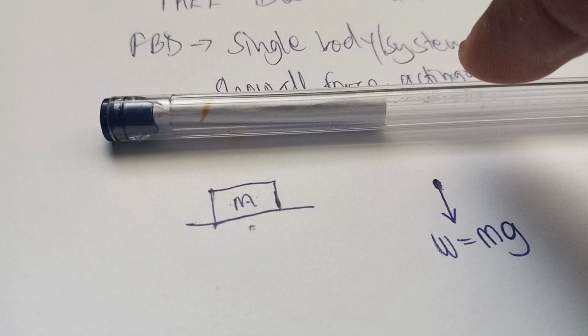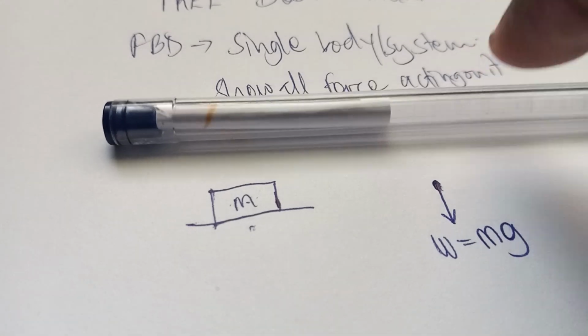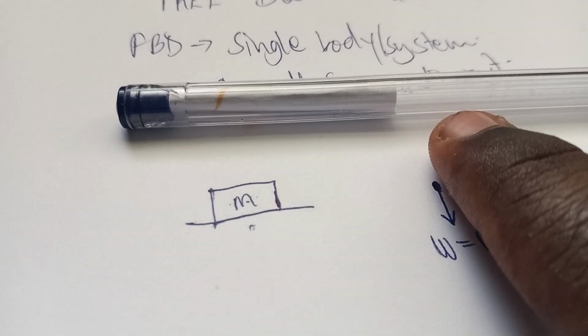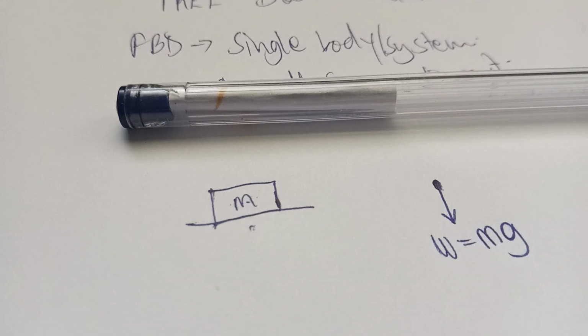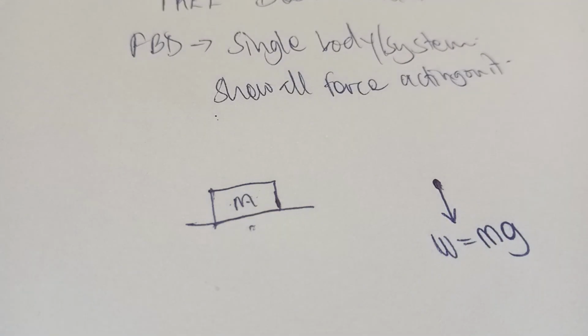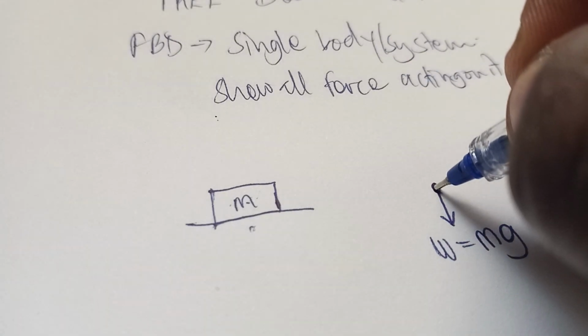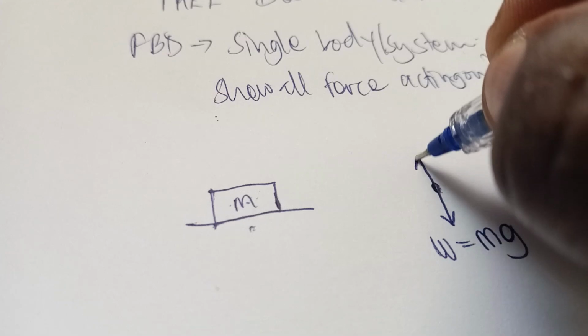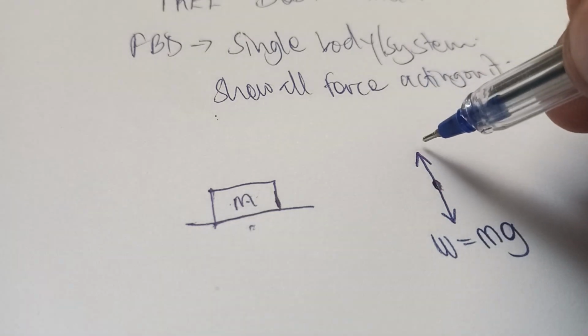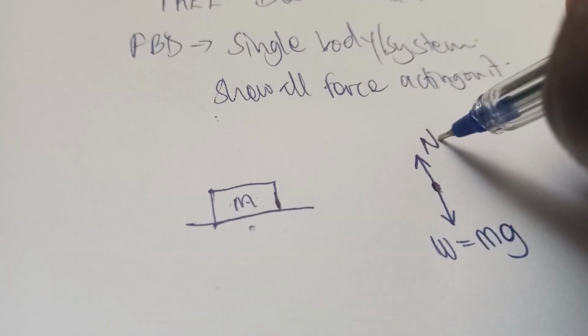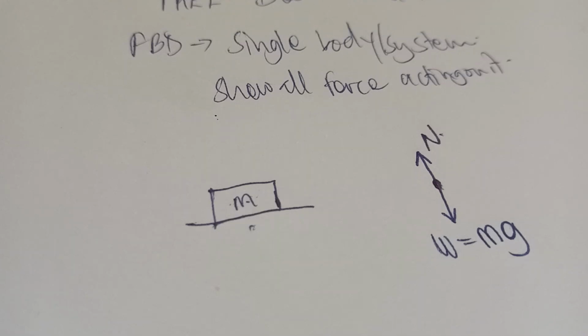Because it's at rest, the weight of this pen is counterbalanced by the normal reaction, because in every action there is an equal and opposite reaction. So the normal reaction force, equal in magnitude but opposite in direction, we have here as N. So simply this is the free body diagram of that book.